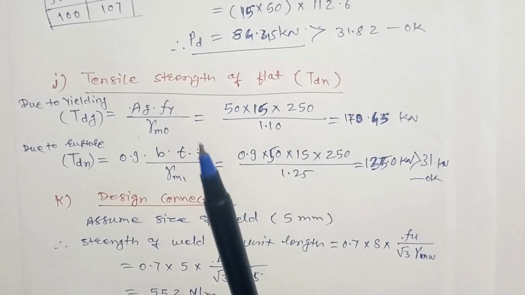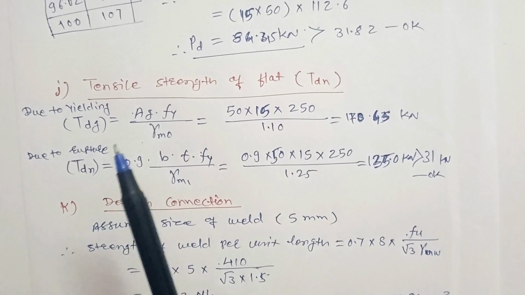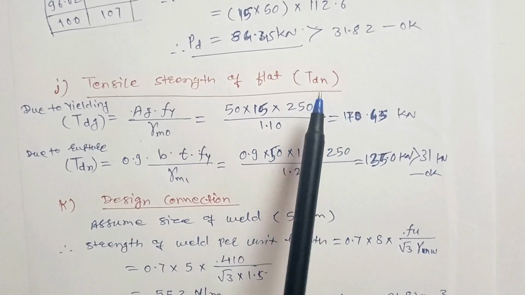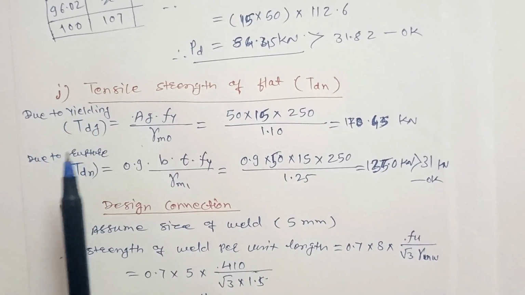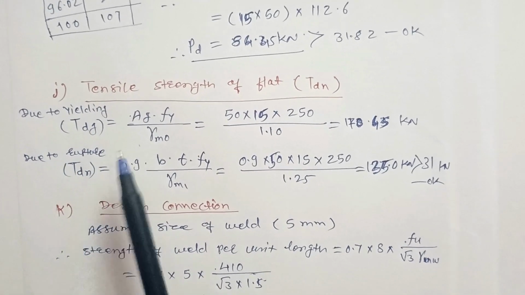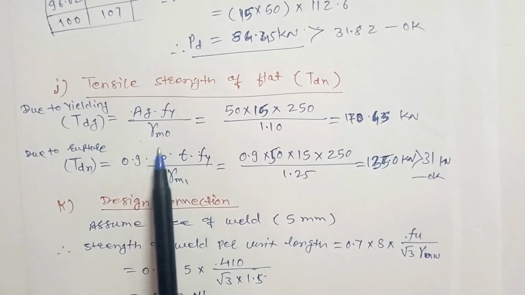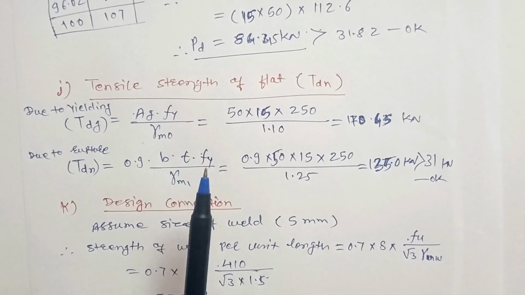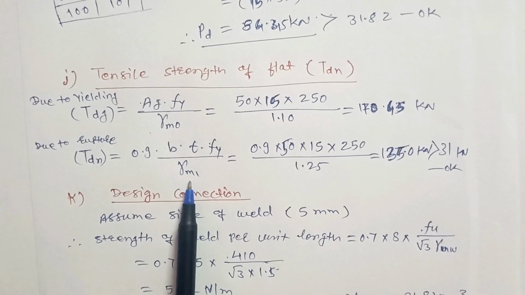After compressive strength we have to determine the tensile strength of the lacing flat, that is TDN. Again, in tension member design we have already seen the three types of calculations of tensile strength. The first is due to yielding, and the second is rupture. This is the formula given: TDG equals AG Fy upon gamma MO. Gamma MO and gamma M1 we can take from table number 5 of IS 800.